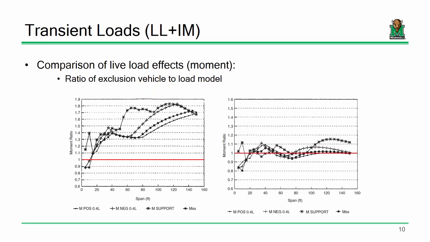Here on the y-axis, what's being plotted is what's called a moment ratio, okay? So if I have a moment ratio of, let's say, 1.1, that means that the bridge is seeing 10% more moment than what we're designing it for. You see what I mean? So this was bad. We were dealing with moments that were 80% more than we as engineers were computing.